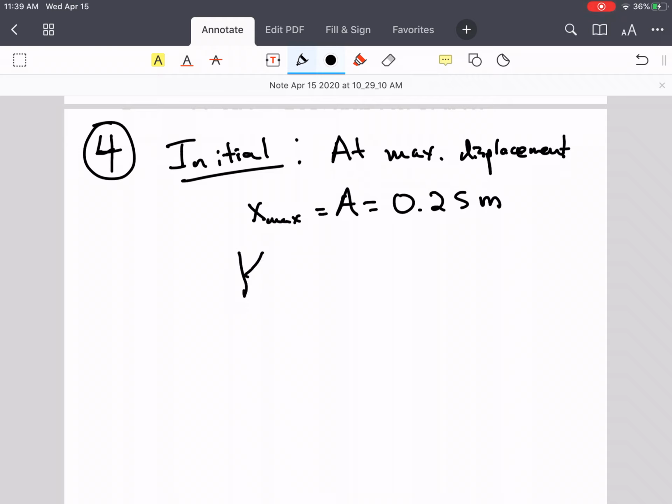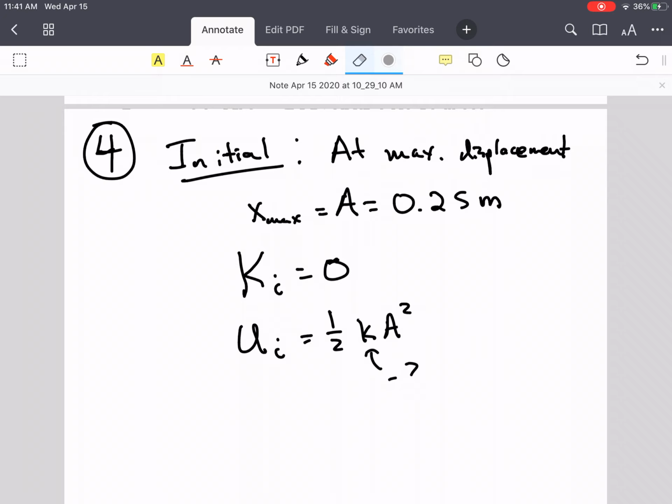At this maximum displacement, what's the kinetic energy? It's 0, remember? Always at maximum and minimum displacements, when I'm as far away as possible, it temporarily comes to rest, so the kinetic energy is 0. All of my energy is potential energy, which for a mass on a spring is 1/2 kx squared. And here my x is the amplitude A, so that's 1/2 kA squared. Notice that I don't know the spring constant, but that's okay. We're just going to leave it alone like this for now.